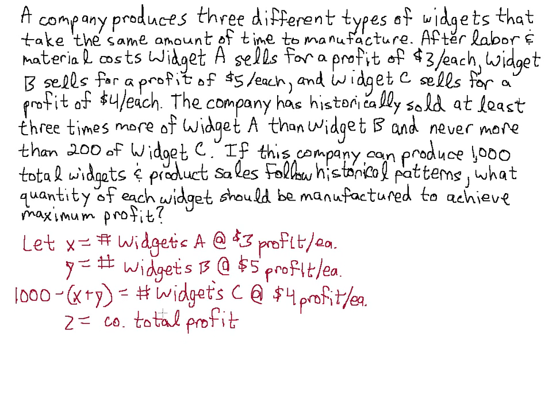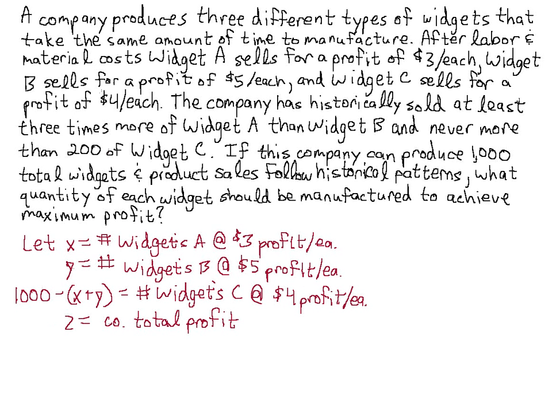The total profit for the company is going to be found by adding the total amount of widgets A produced times the profit of each of them, plus the total amount of widgets B produced times the profit for each of them, plus the total amount of widget C produced times the profit for each one of them.